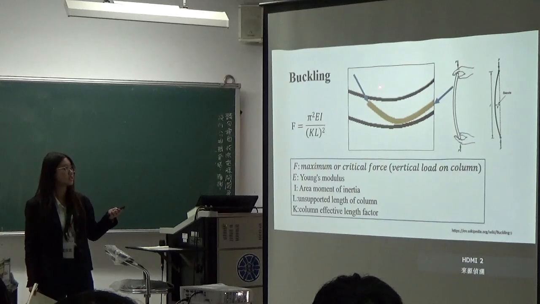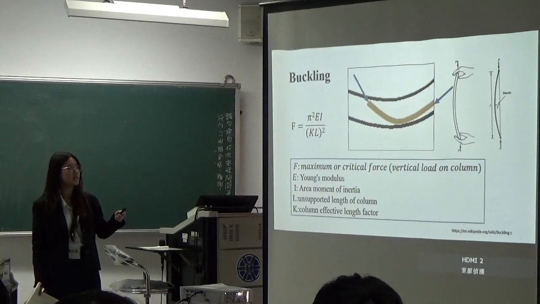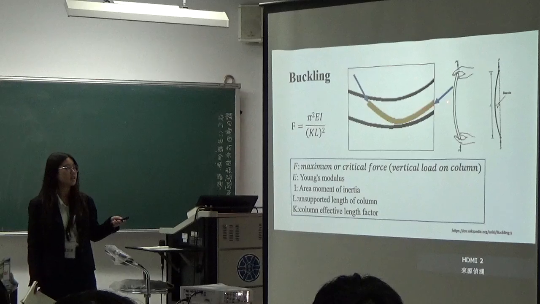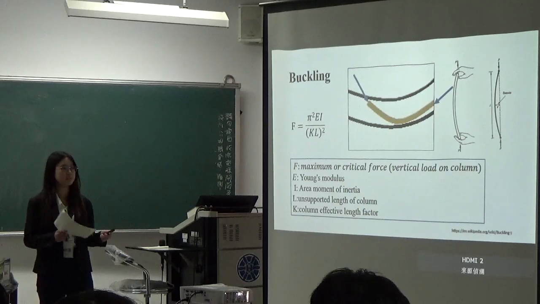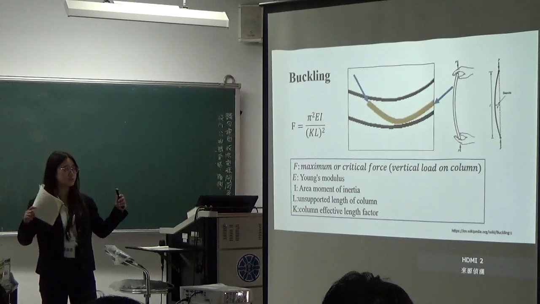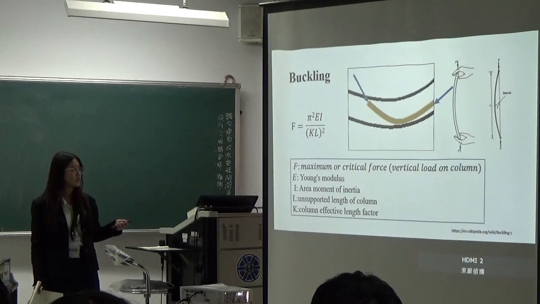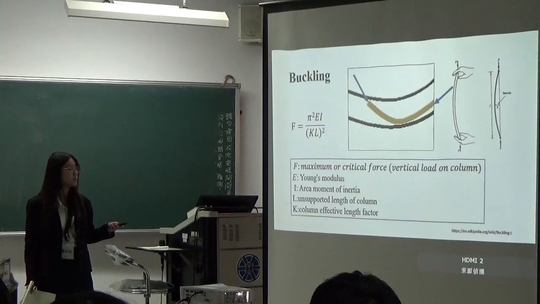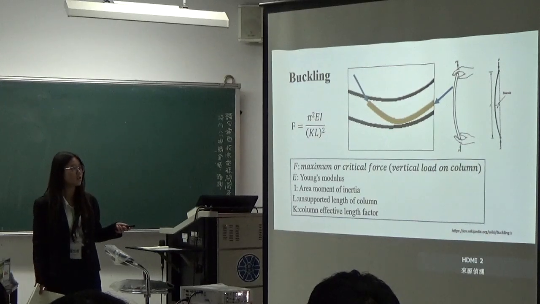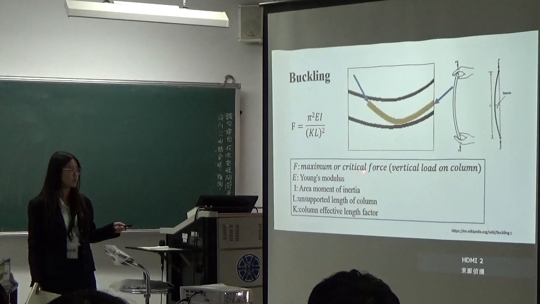This force is from the tube on the spaghetti, and this force is by hand, and both push the two sides of it, and it will cause the maximum, the critical force, the vertical load on the column. So the point is right here.